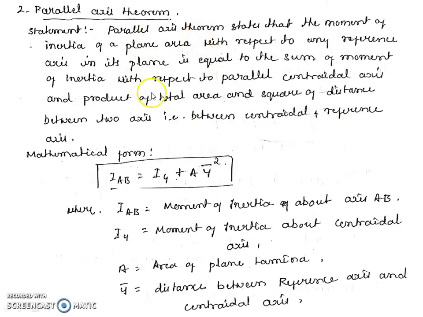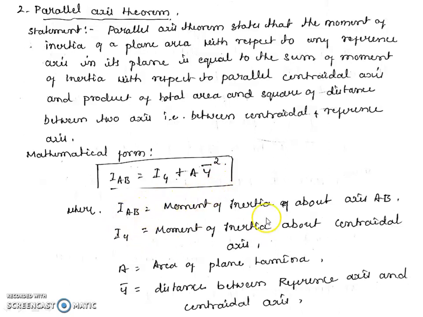The mathematical form is IAB, the moment of inertia with respect to the reference axis, equal to the moment of inertia with respect to the centroidal axis plus the area of the geometry multiplied by the square of the distance between the centroidal axis and reference axis.